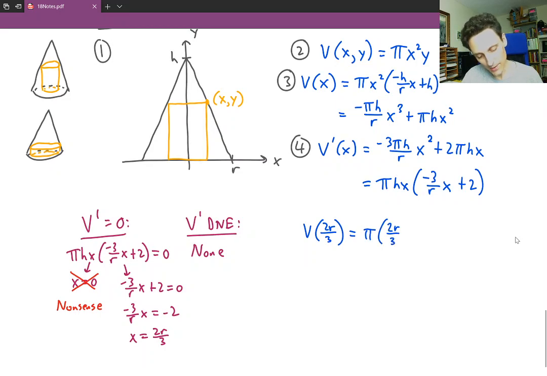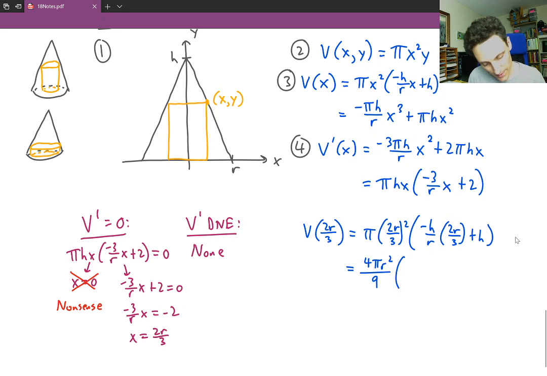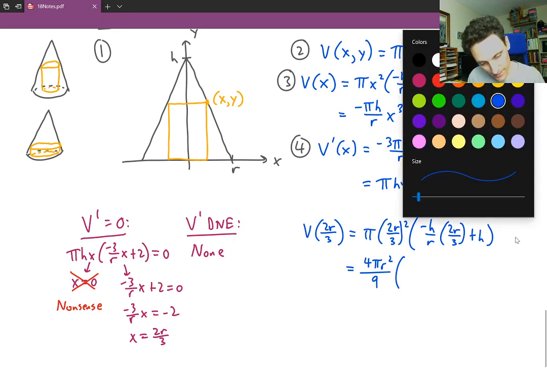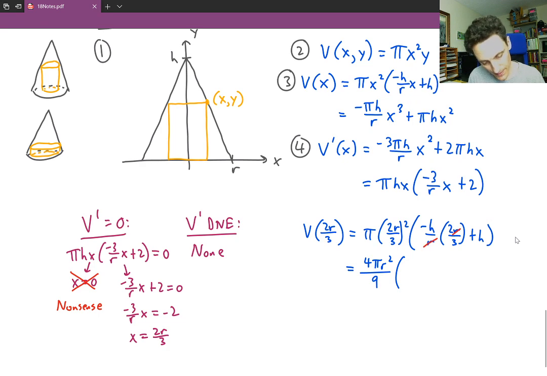Pi times x squared times quantity negative h over r times 2r over 3, so that's x, and then plus h. So we get 4 pi r squared over 9 times, ooh, the r's cancel. So we get negative 2/3 h plus h, which will be 1/3 h, or you can just write h over 3.